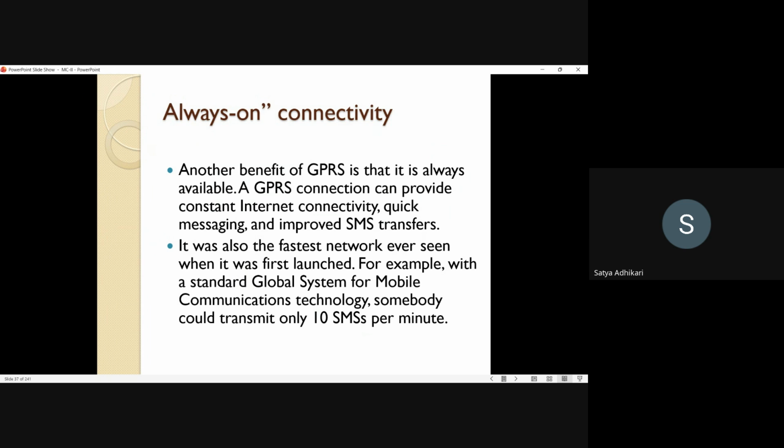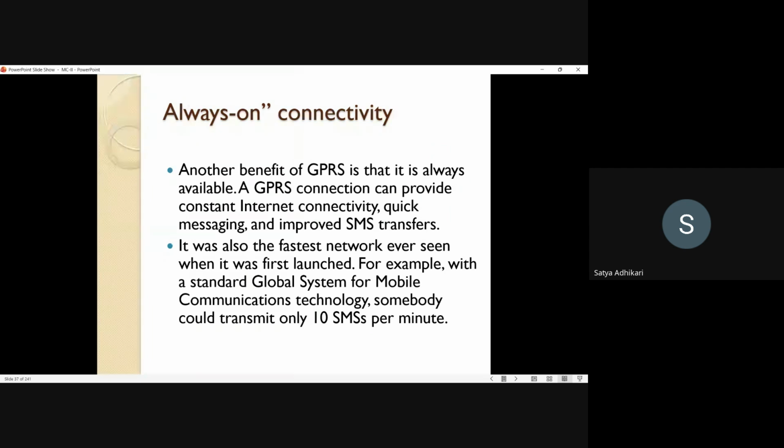Always on connectivity. Another benefit of GPRS is that it is always available. A GPRS connection can provide constant internet connectivity, quick messaging, and improved SMS transfers. It was also the fastest network ever seen when it was first launched.